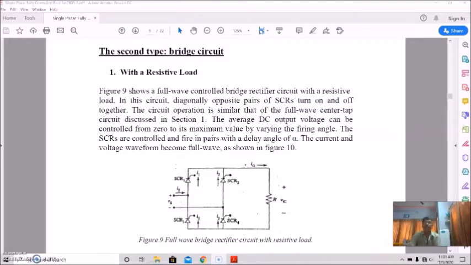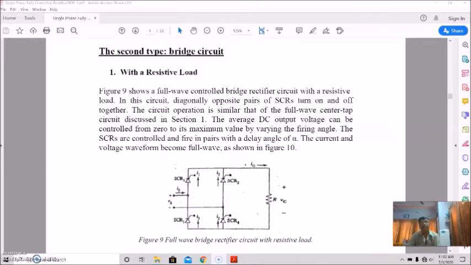First of all, we'll discuss this bridge circuit, the single phase full wave converter with resistive load, and then gradually we'll discuss inductive load, resistive inductive load, and so on.